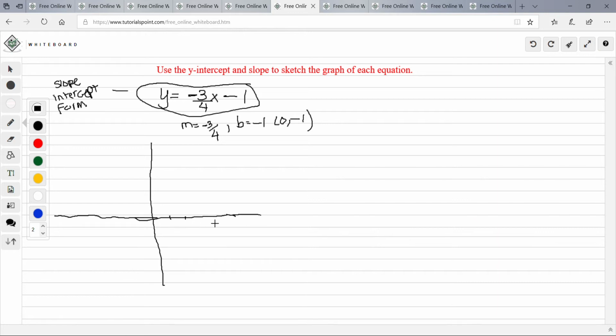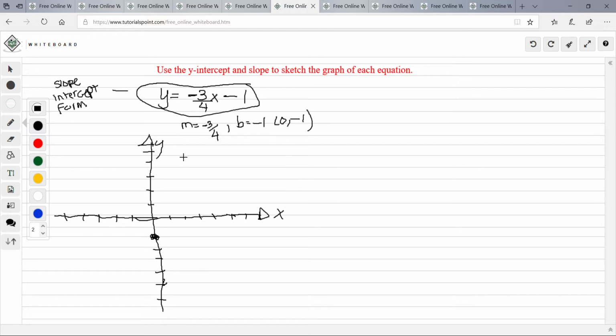is you start at the y-intercept, which is 0, negative 1, so it's right here.